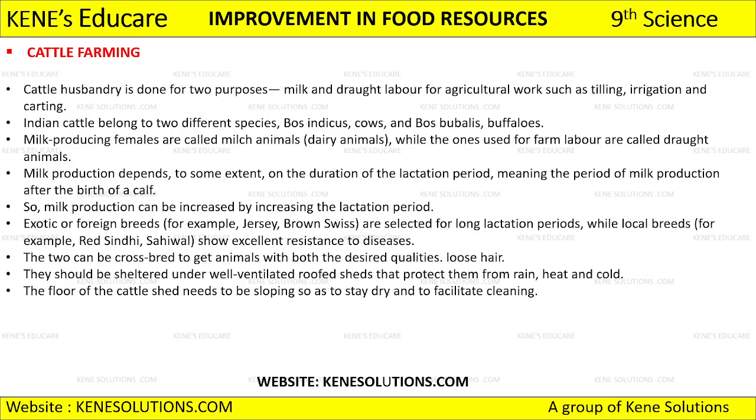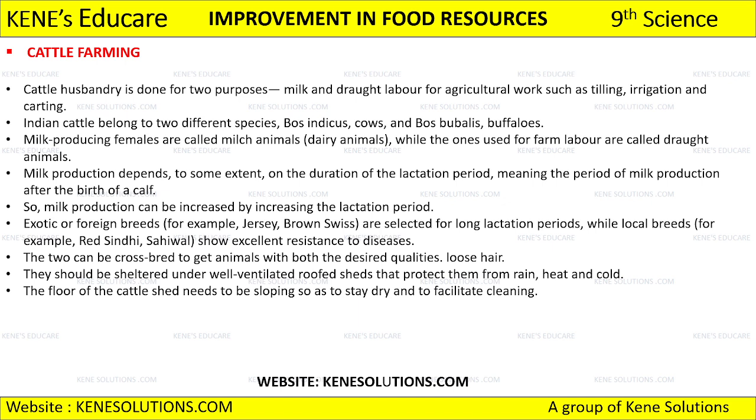So we have cattle farming. Always remember that cattle farming is done for two different purposes. One is for getting milk from the animal, and the other is draught labor for agricultural work. You might have heard that cattle are mostly used for agricultural work like tilling the farm, irrigation, and carting.